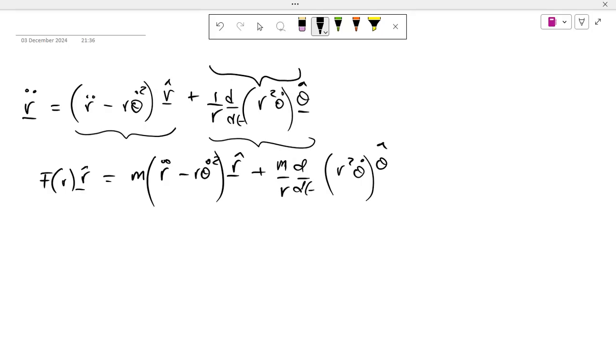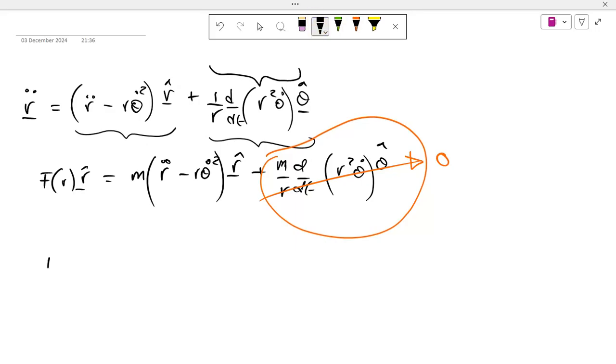Right, okay. So that is the radial force. And because, as I've said, this component is equal to 0, then we can write two things.